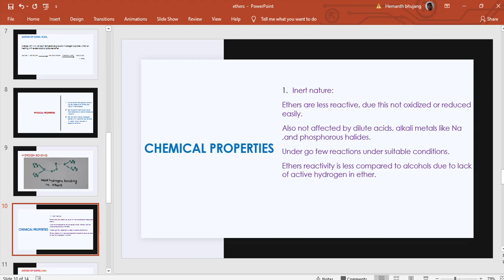For example, if we treat an alcohol ROH with an alkali like sodium hydroxide, ROH changes to RONa, sodium alkoxide. This is due to active hydrogen, which is not present in ethers.